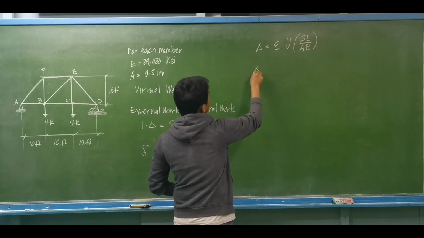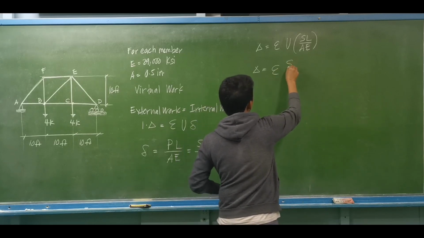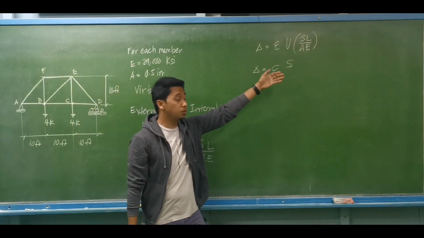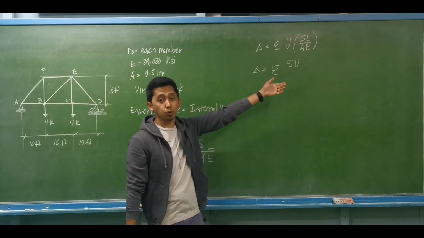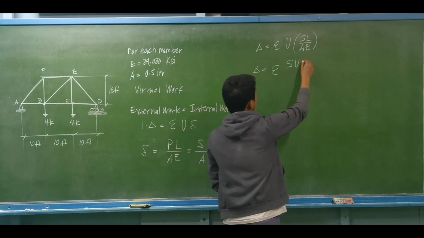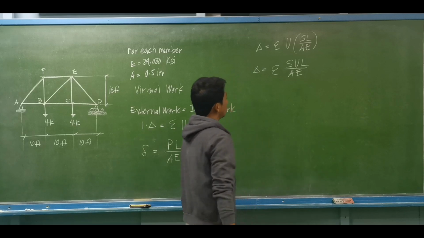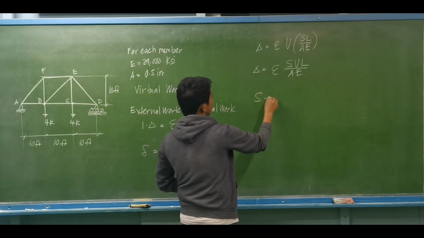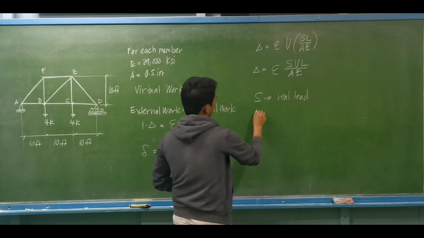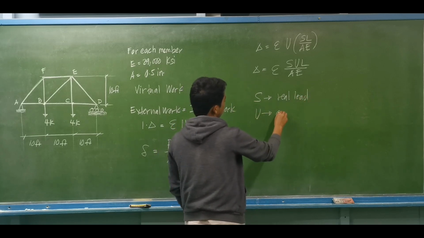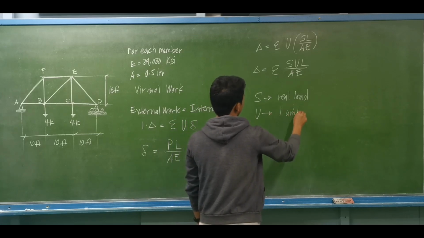Or, delta is the summation of the axial force per member due to real load multiplied by the axial force in each member due to a 1 unit load multiplied by the length, divided by area times the modulus of elasticity. Again, S is the axial force due to real load, while U is the axial force due to the 1 unit load.